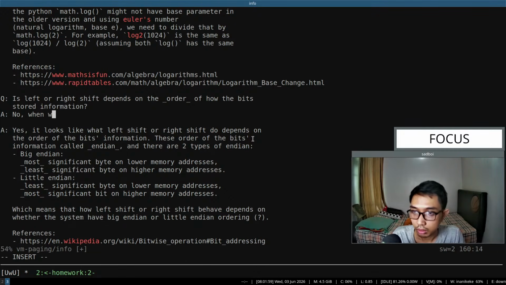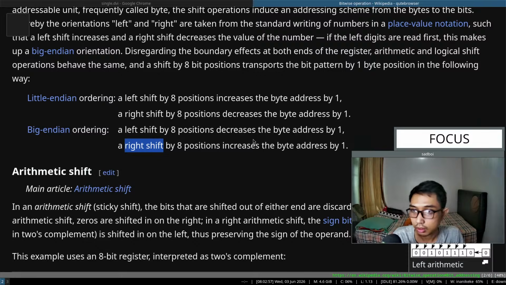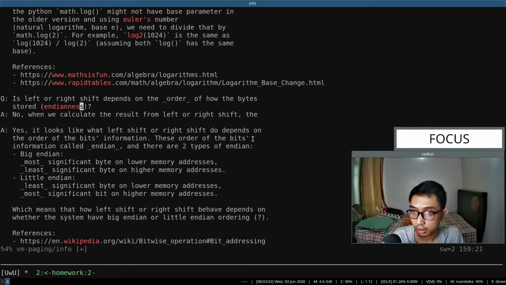No, when we calculate the result from left or right shift, the order of how the bytes are stored, endianness, something like that, maybe. Wait, endianness, okay.